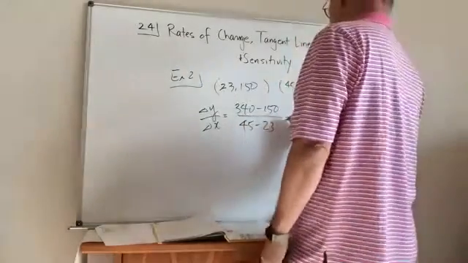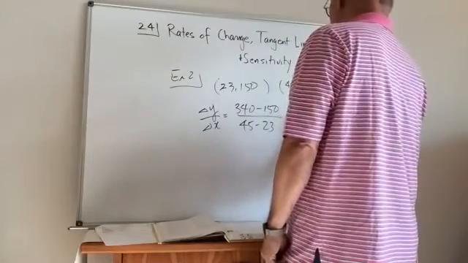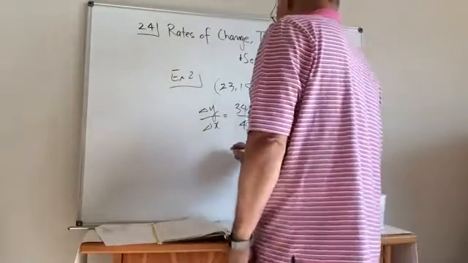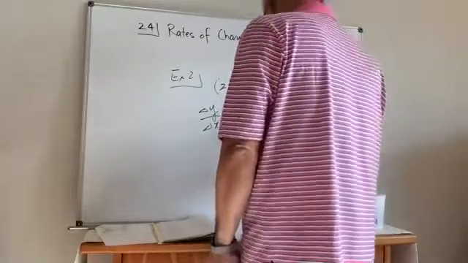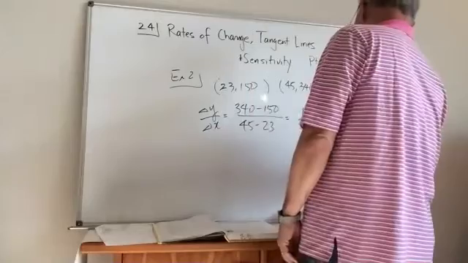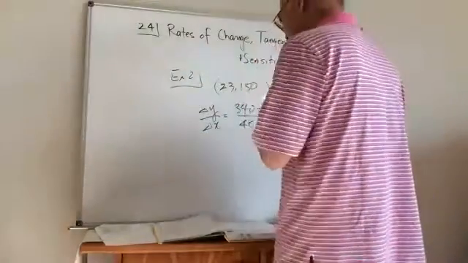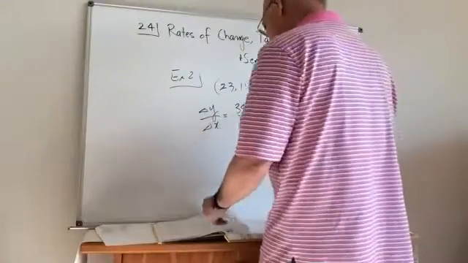That's 190 over 22, whatever this turns out to be. And this turns out to be 8.6. That's pretty simple. Again, we're just using the average rate of change here.